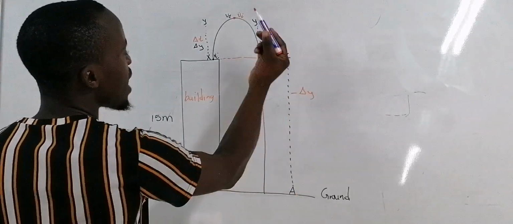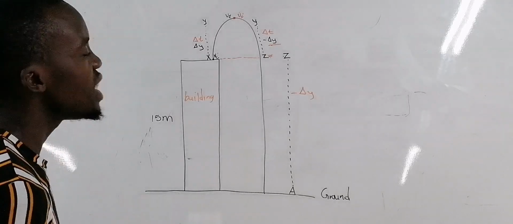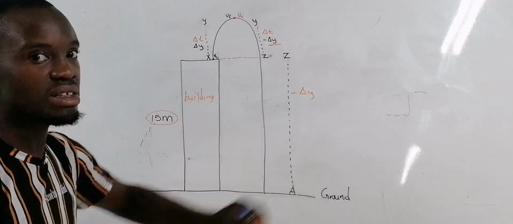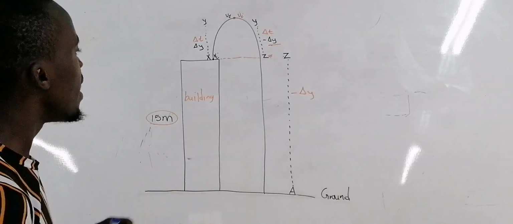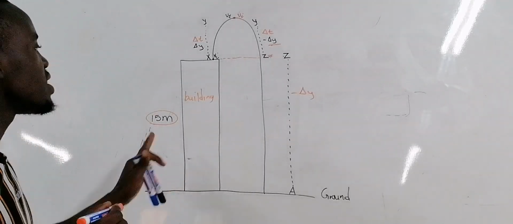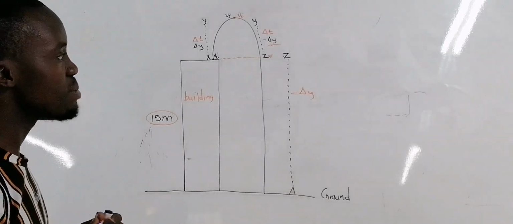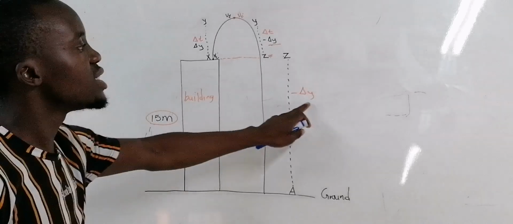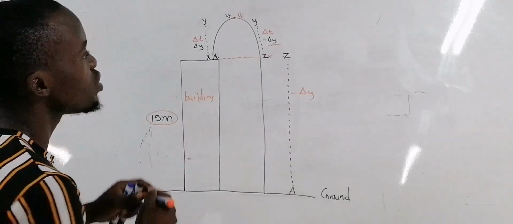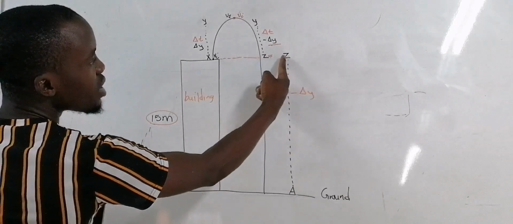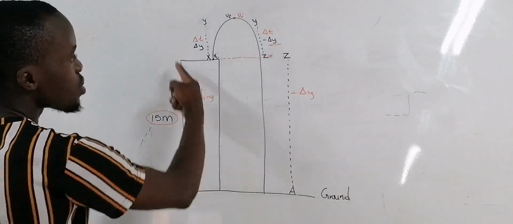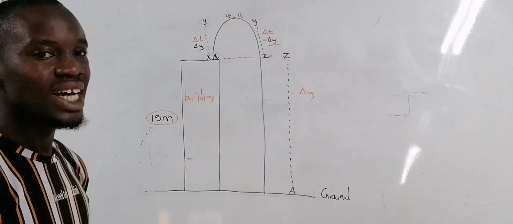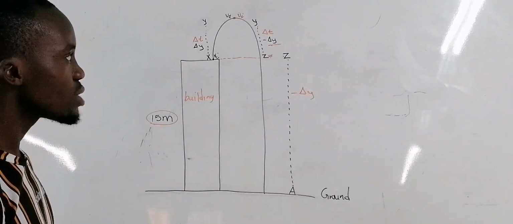They won't give you the height of a building expressed as a negative height or negative displacement, but you know that when the object is going down, the change in y becomes negative. From Z, if I draw a horizontal line here, this is the height of the building, which is 15. So the height of the building becomes negative 15. I don't know if you understand it.